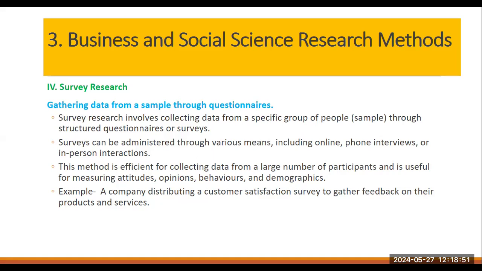But if we collect the 500 samples from Jaffna, that may be biased because that is not representing Sri Lankans. In the 25 districts we have to get data from the customers. Then only it can represent Sri Lanka. So that's why representative samples of the target population are chosen, to make sure that survey results are generalizable.